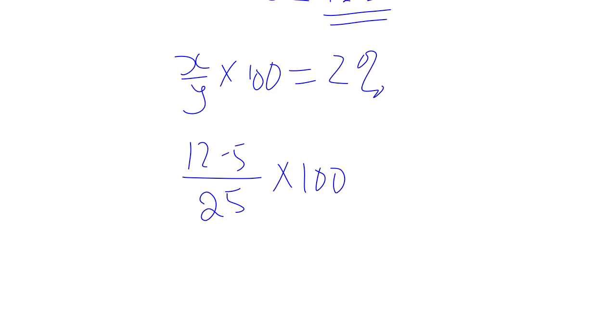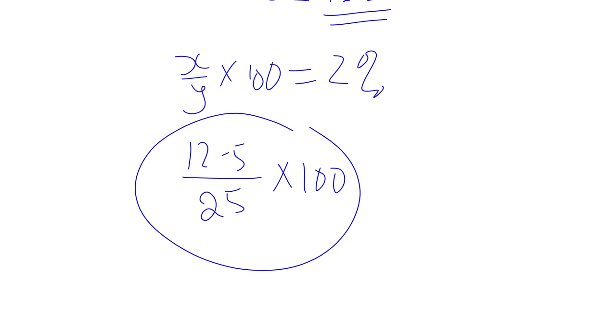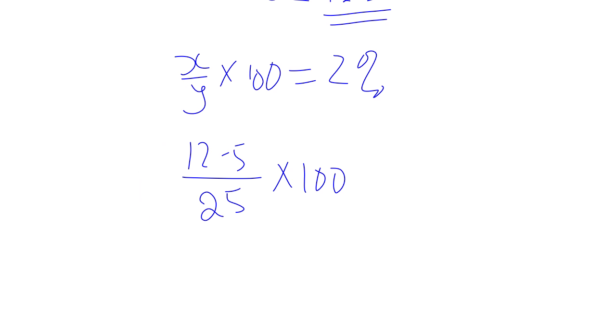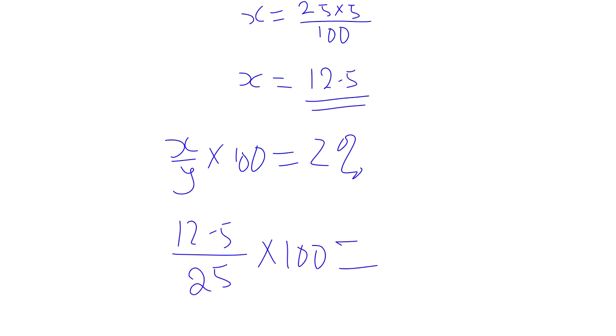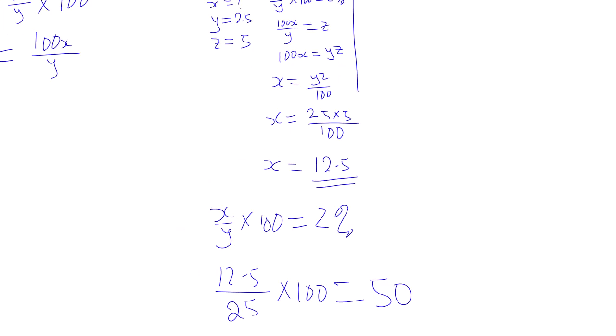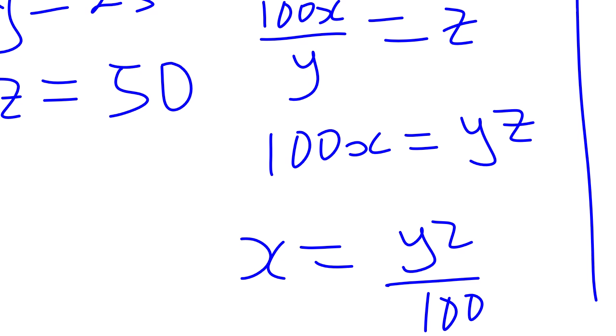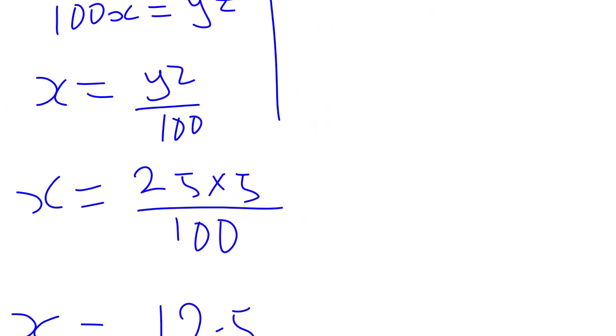Now just assume you don't know the value of z. If this calculation gives you the correct initial value of z, that means your calculation is correct. So when you say 12.5 multiplied by 100 divided by 25, in my calculation I got 50. It should be 5 for the calculation to be correct.